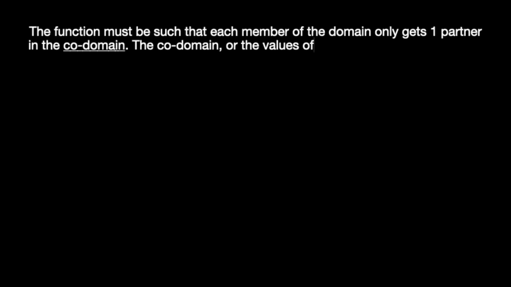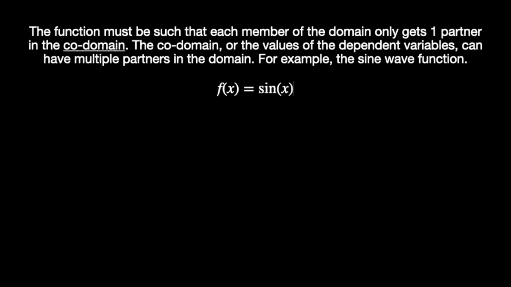The function must be such that each member of the domain only gets one partner in the codomain, or range. The codomain, or the value of the dependent variables, can have multiple partners in the domain.